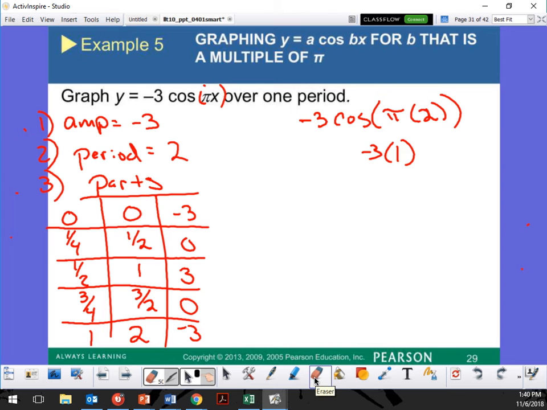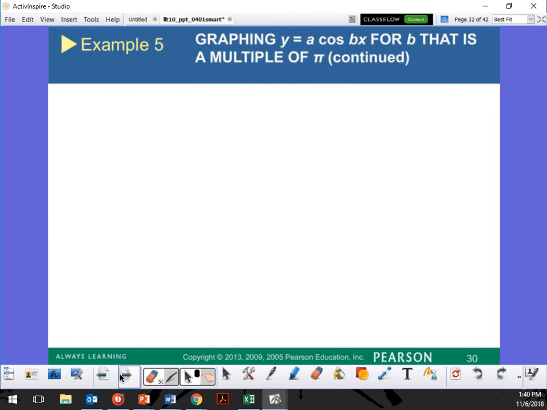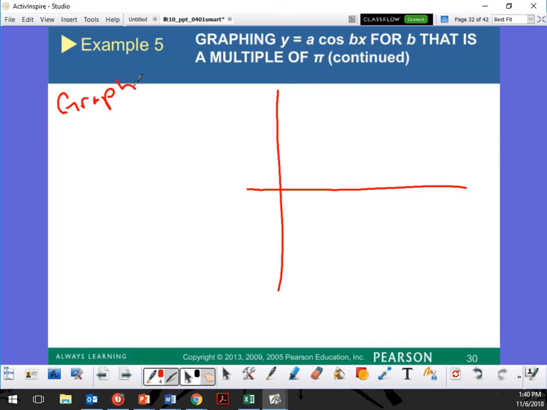Okay, so now, next page. What is going to be my next step? Graph. So step 4 is graph. Okay, I'm going to plug in all my points.